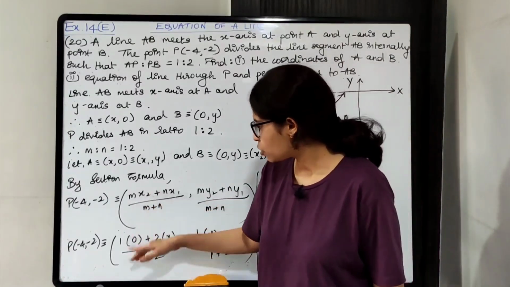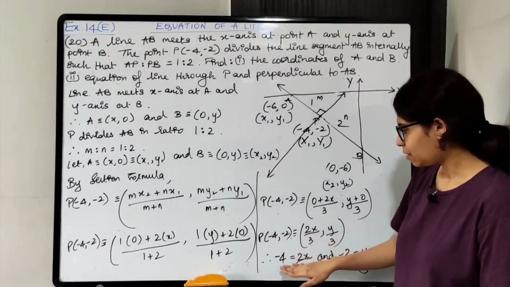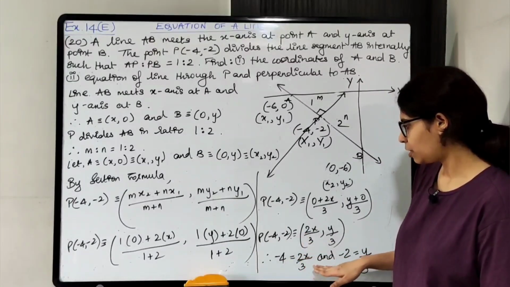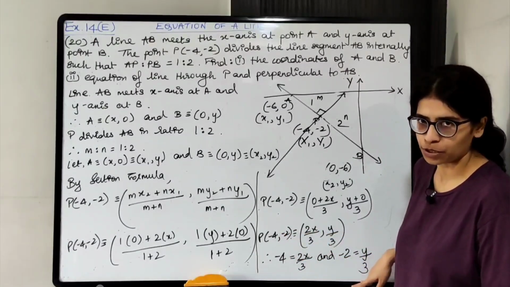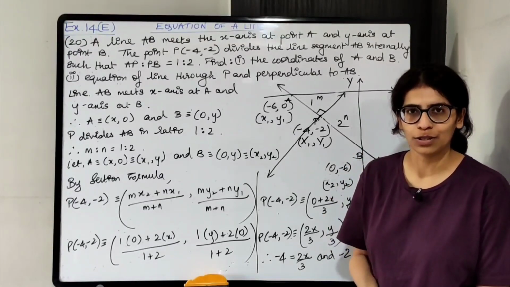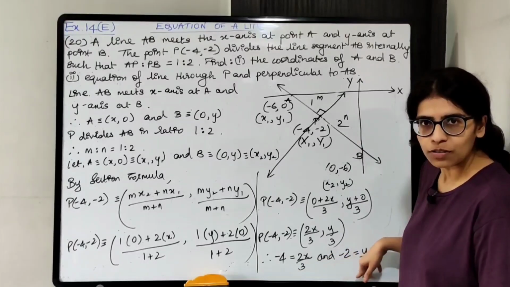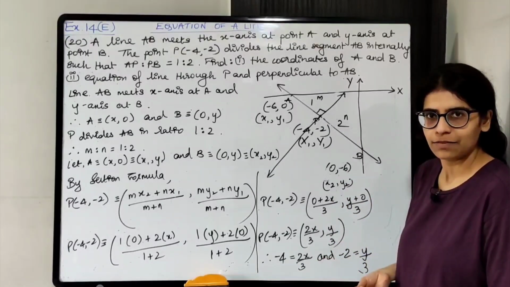So solve further, putting in the values. On solving you will get -4 is equal to 2x upon 3 and -2 is equal to y upon 3, because a point can have only one x coordinate and only one y coordinate. So we'll solve this and find the values of x and y.